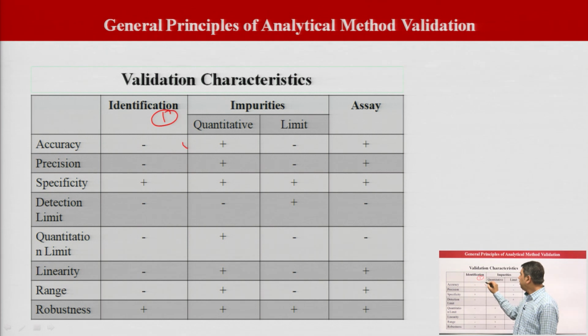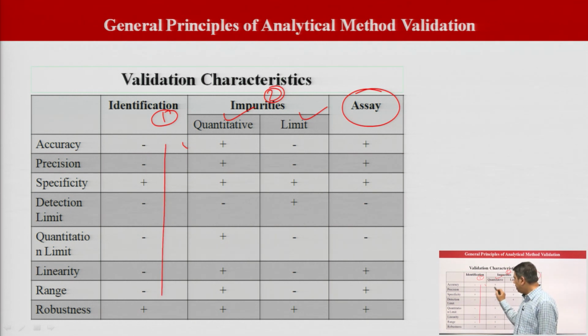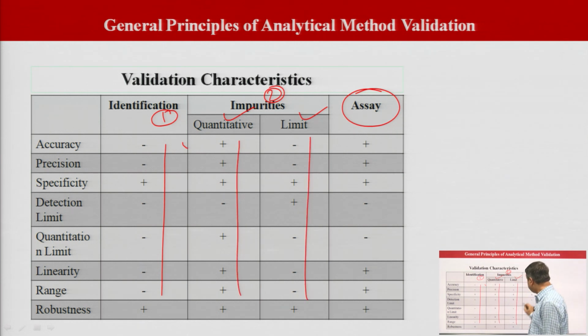Identification method may be there. There may be another type of method, that may be an impurity determination method. The impurities may be quantitative, or there may be a limit test, or there may be an assay type method. So, these all are the 4 different types of method that we have already discussed in the initial slides. So, these all are the parameters which are required to be established for these respective methods.